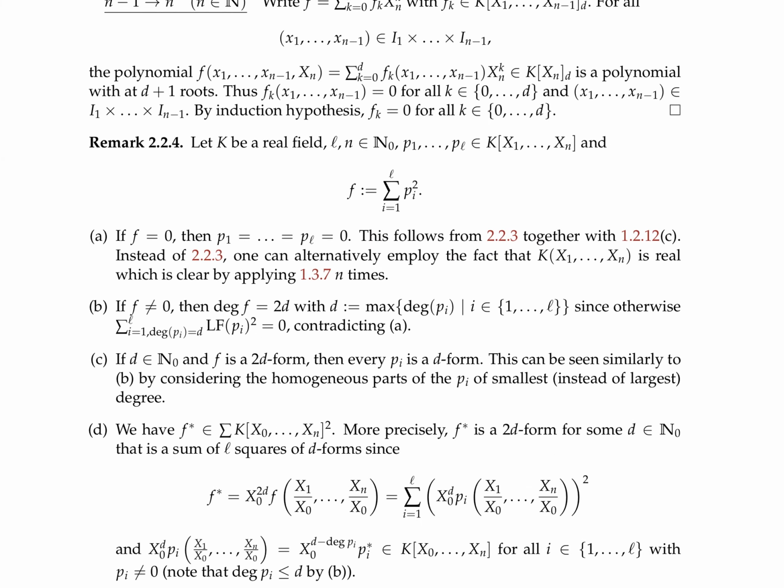That was here. More generally, if a polynomial over a real field is a sum of squares of polynomials, then the polynomials p_i here are automatically forms of degree d, where d is half the degree of f. But now f is a quadratic form, so they are automatically linear forms.